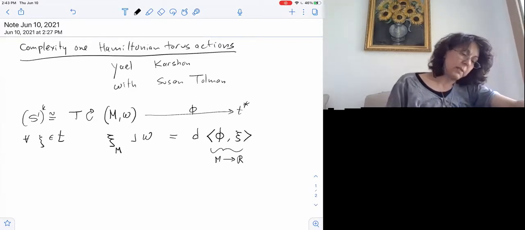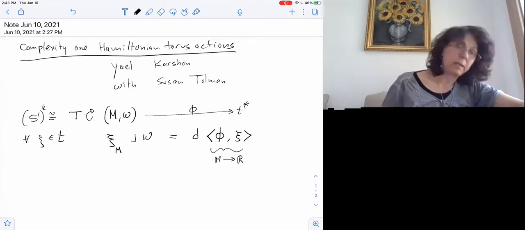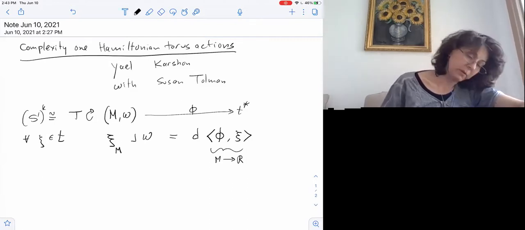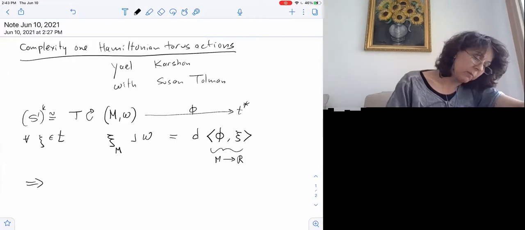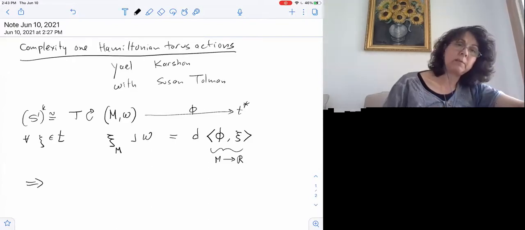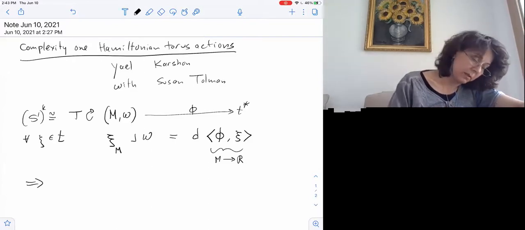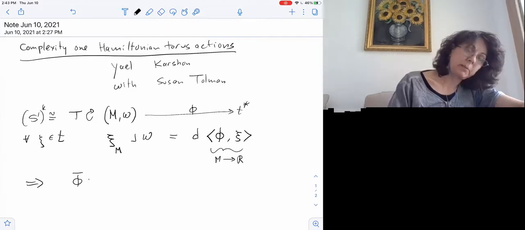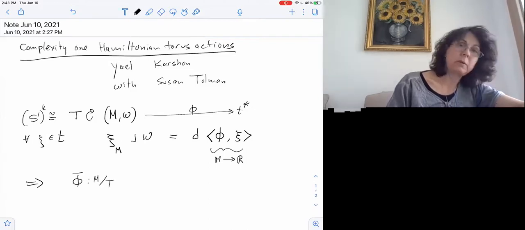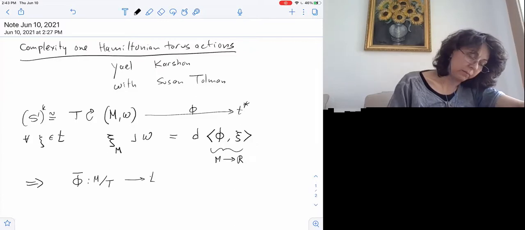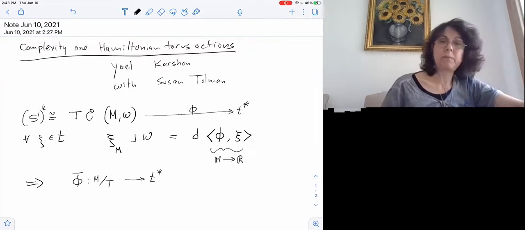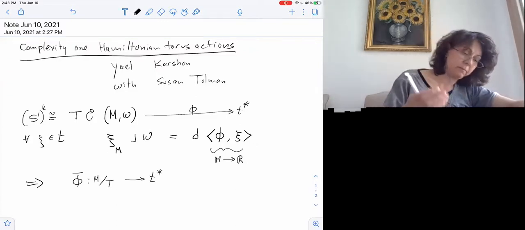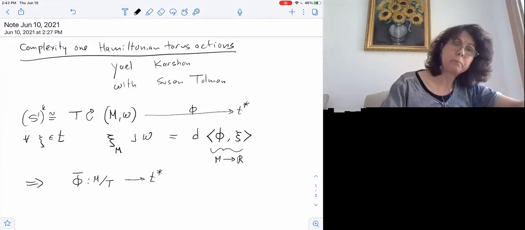One of the consequences of this Hamilton equation, not true for non-abelian groups, but true for tori, is that the momentum map is automatically invariant under the torus action. So we get a so-called orbital momentum map, a map from the geometric quotient to the dual of the Lie algebra. This is not supposed to be obvious, but there's a little proof there.